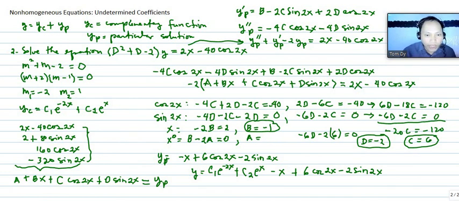Therefore, a equals negative 1 half. So we still have to insert a as negative 1 half here. Therefore, we have to insert here negative 1 half minus x. So negative 1 half minus x. Okay. So this will be our final answer.